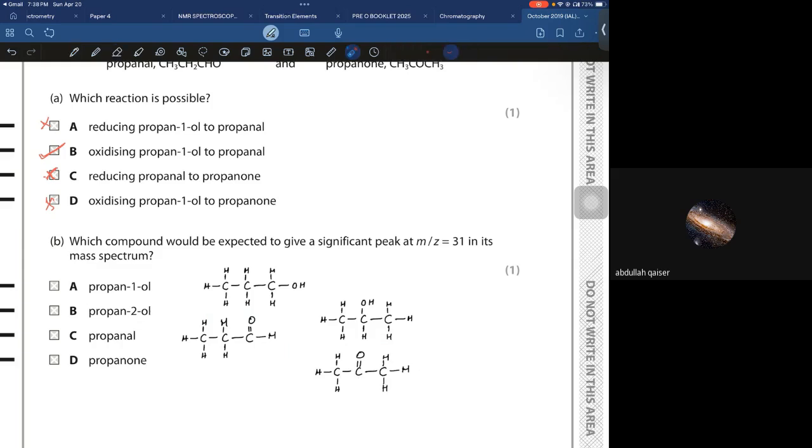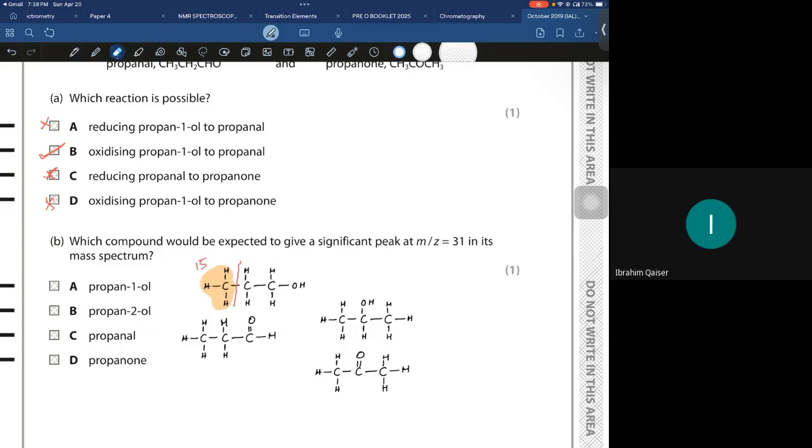Now I'm going to break it down and see whether I get the peak of 31 or not. So let's say I'm breaking it down from here. If you can find the Mr of this portion, it's 15, so it's not correct.